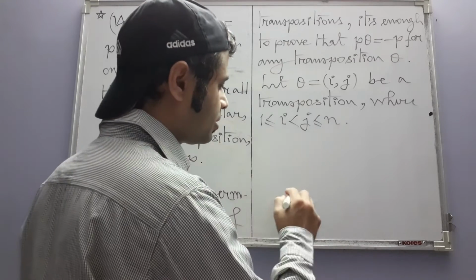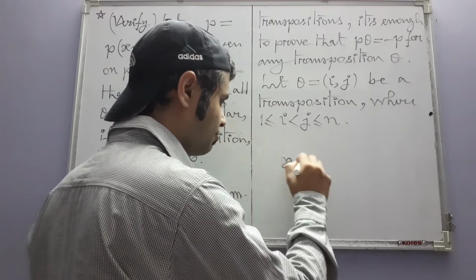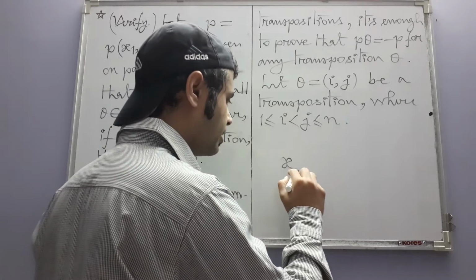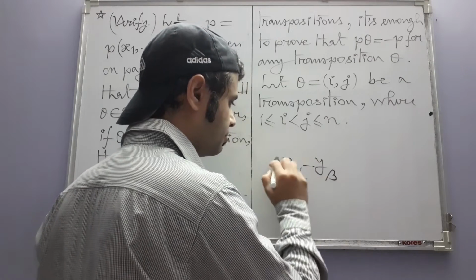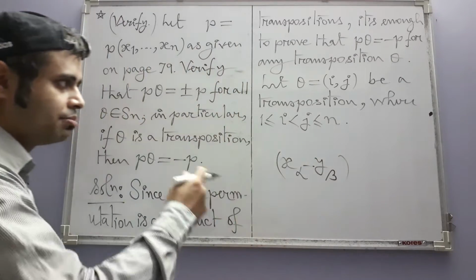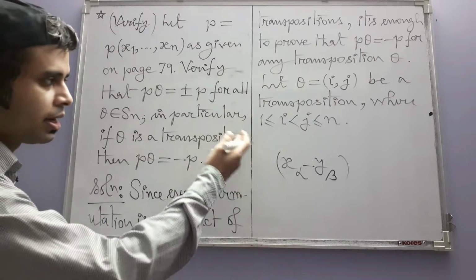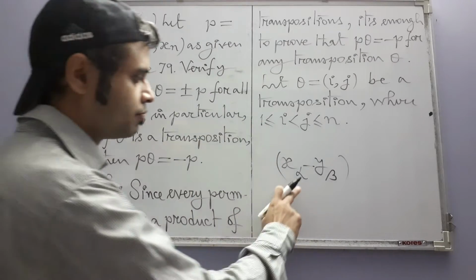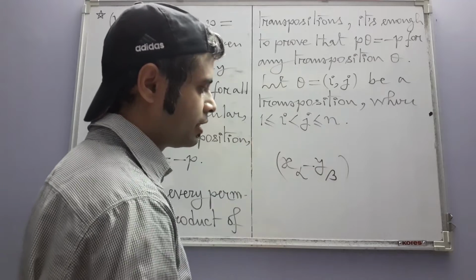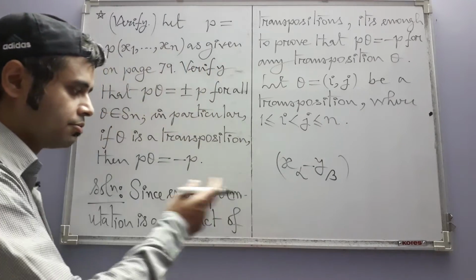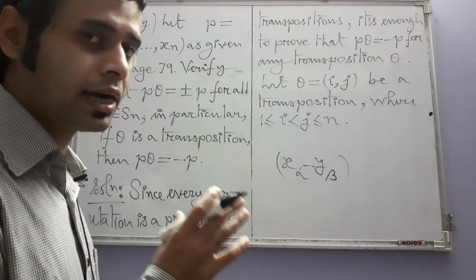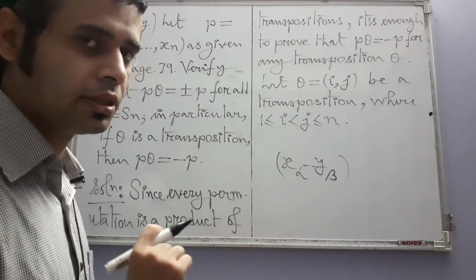Clearly, the factors that will be affected look like this, no? x alpha minus x beta, where alpha and beta are just like i and j, some integers lying between 1 and n, and alpha is less than beta, because that's the type of factors we are allowing in the polynomial p.